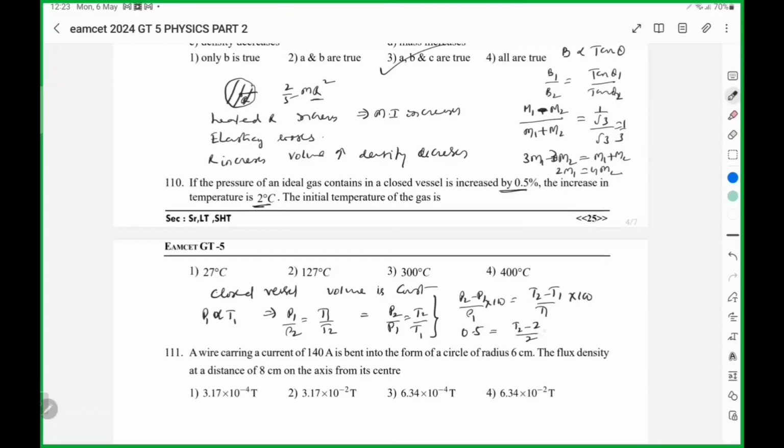The increase in temperature is given as delta T. So T1 will be 200 by 0.5. That is 400 degrees centigrade.